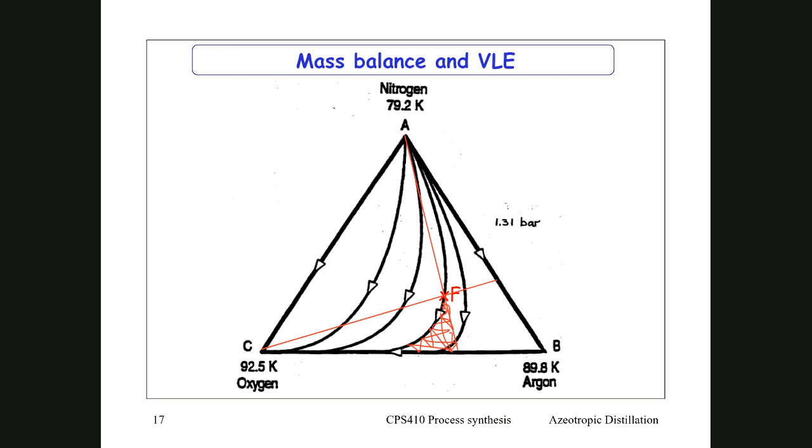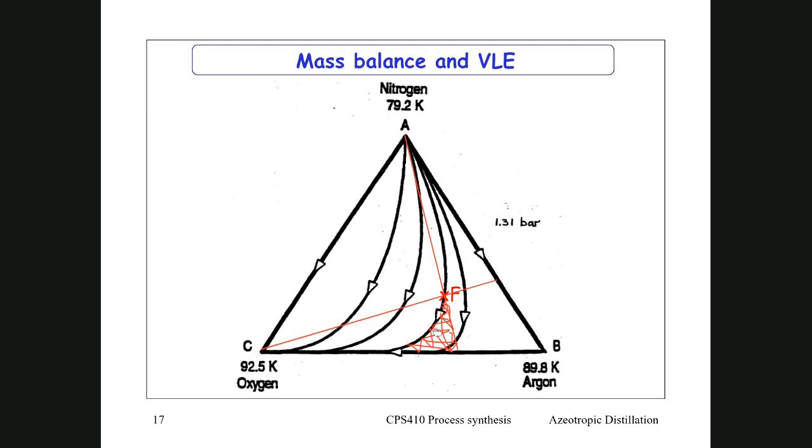Similarly, let's look at the other side. We expect the distillate compositions to be on the other side of this residue curve that I'm pointing at here, the one that goes through the feed. We expect everything over here. Let's take this point over here. You can go through the feed and touch that same residue curve on this side as well.